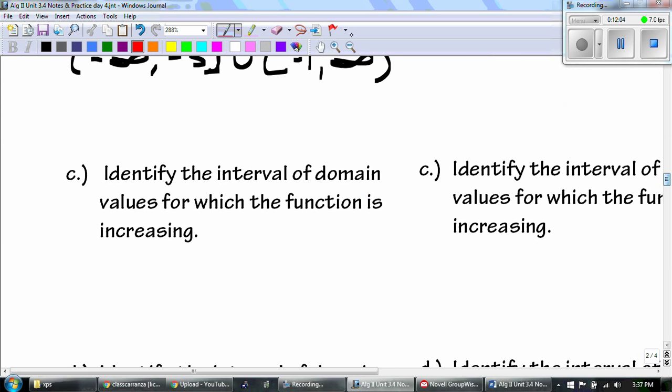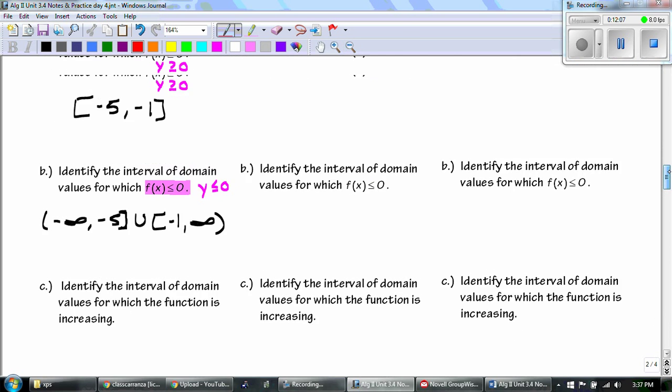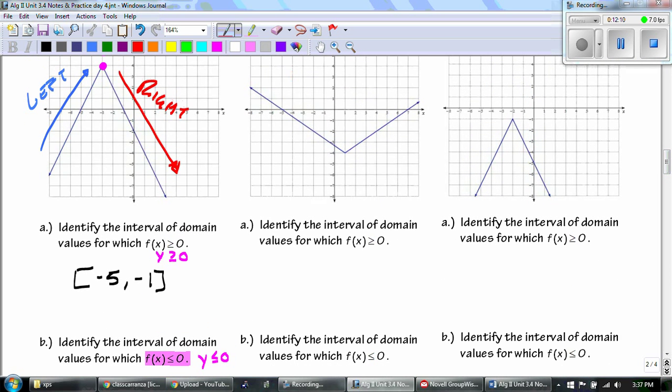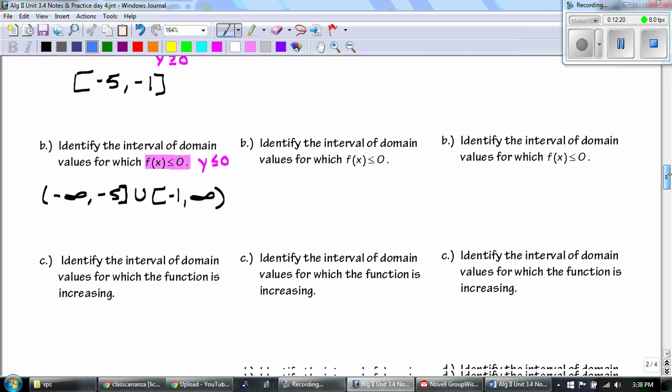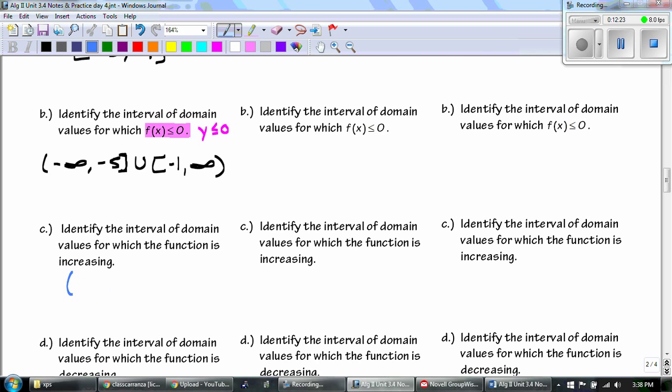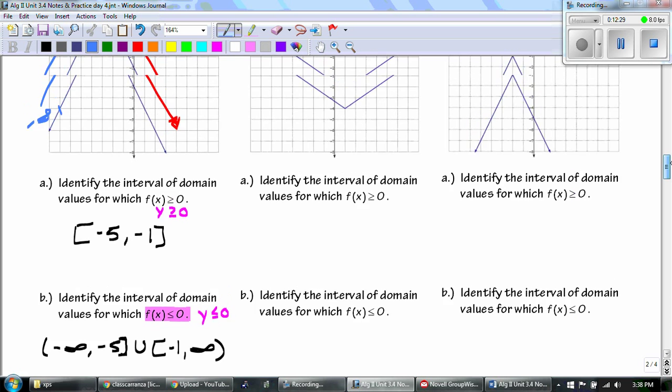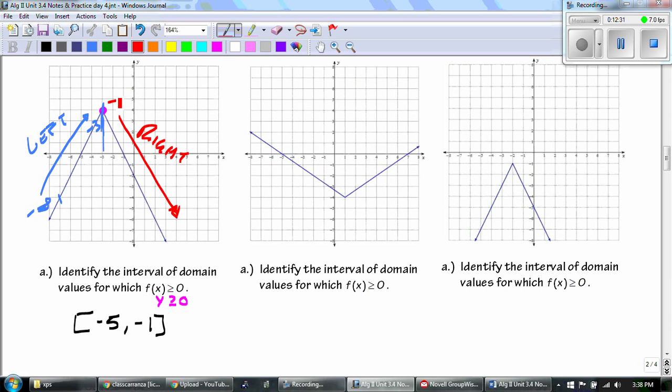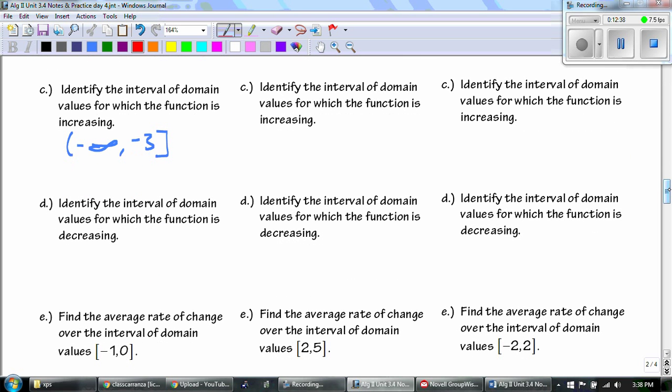So where it's increasing, it would be from negative infinity, and we would stop at -3 because that's where our vertex is. So we go negative infinity to -3, and then decreasing, we would be at -3 to positive infinity. And at -3, we are using a bracket.